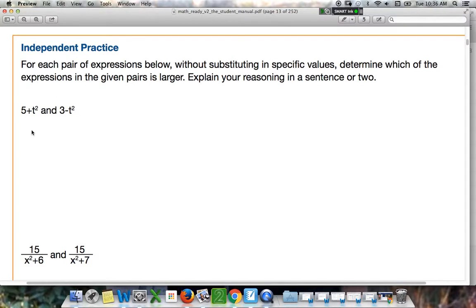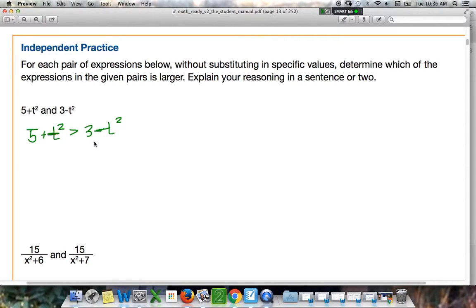So you can do the same thing here. You just can't put in numbers for it. So if you think about a t, let's say that you thought that was larger, right?